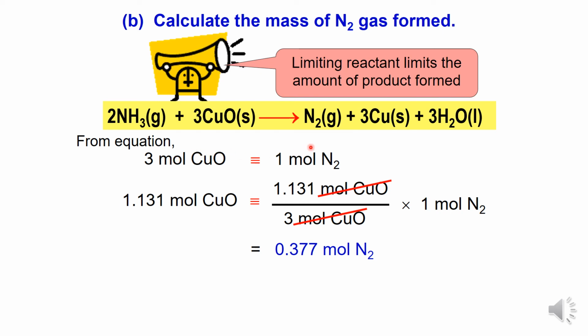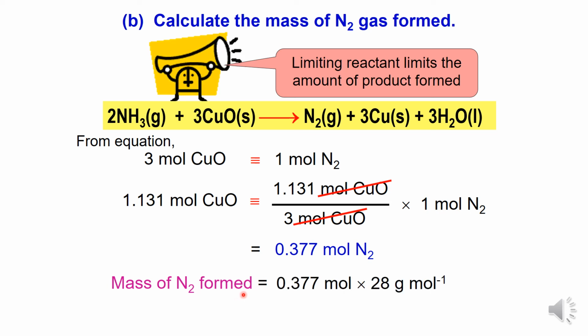If we want to calculate product formed, always refer to the limiting reactant, because the limiting reactant limits the amount of product formed. How about mass? Mass of nitrogen gas formed is 0.377 mole times molar mass of nitrogen gas, 28 gram per mole. So the answer is 10.56 gram.